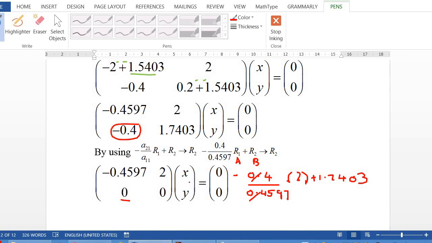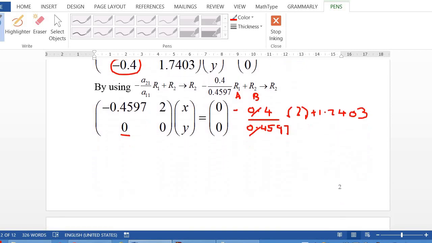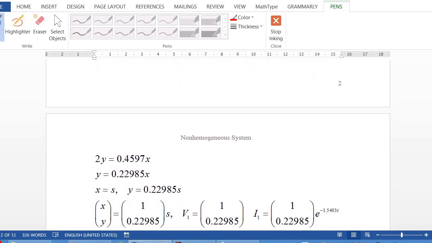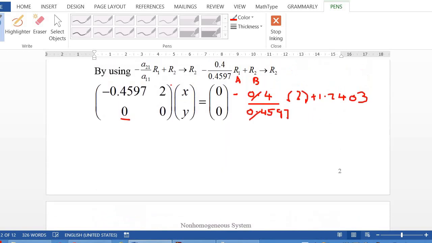It means the two unknowns reduce to only one equation, which is negative 0.4597x plus 2y equal to 0.